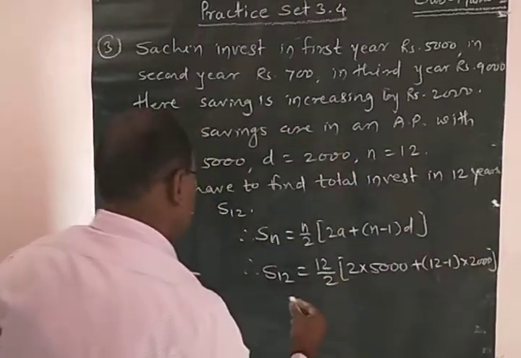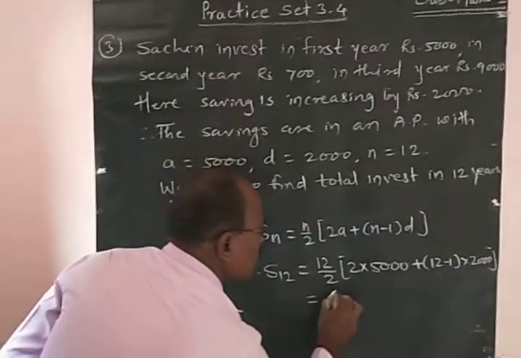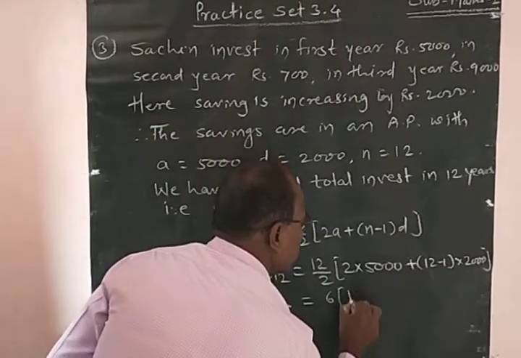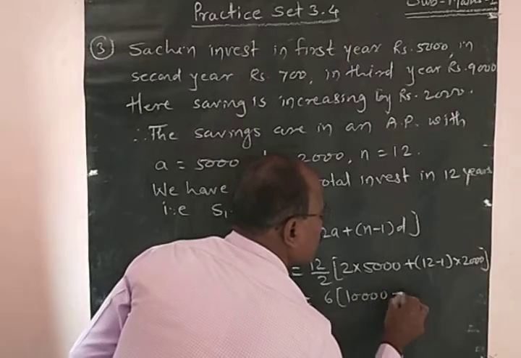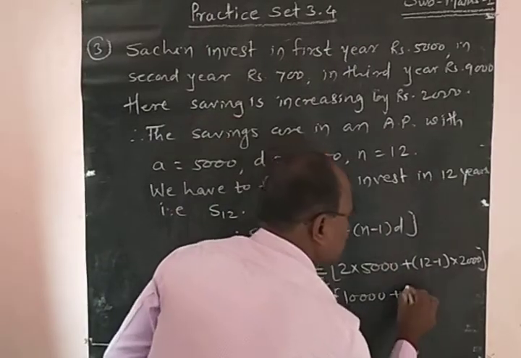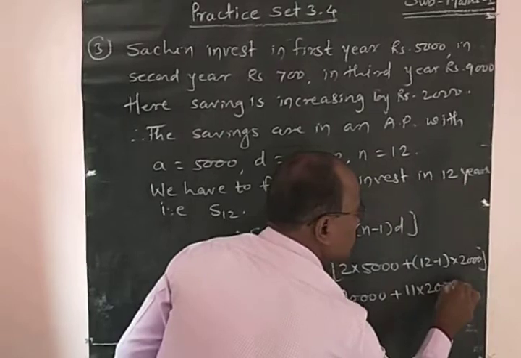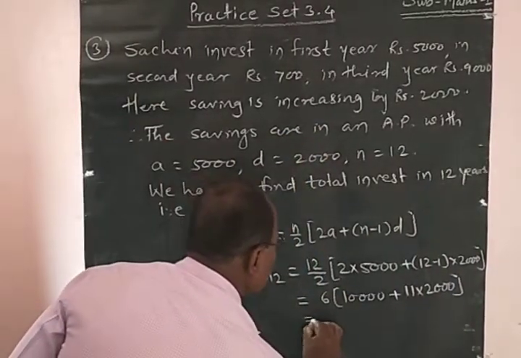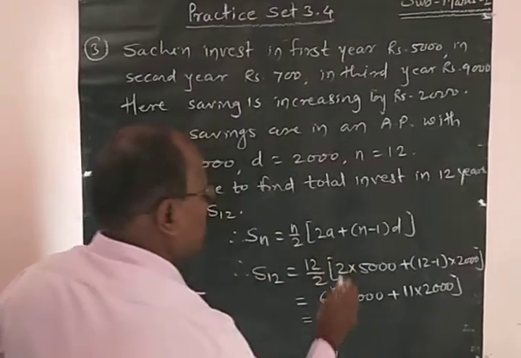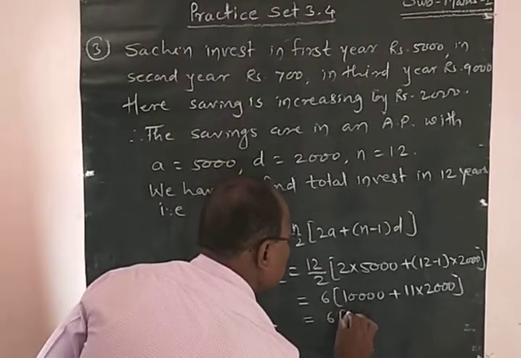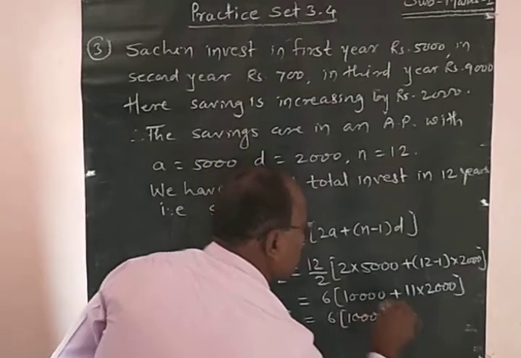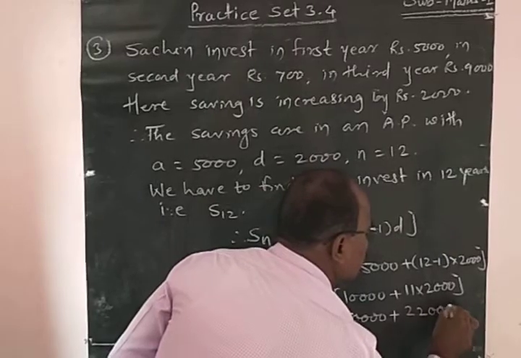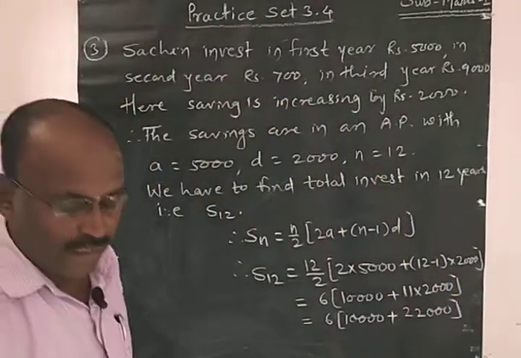Okay, that is equal to 12 upon 2 is 6 into 2 into 5,000 means 10,000 plus 11, 12 minus 1 is 11, into this 2,000. That is equal to 6 into bracket 10,000 plus 11 into 2, 22,000.